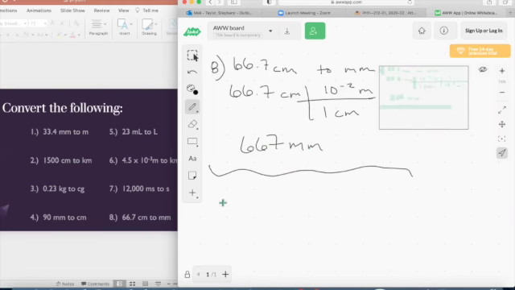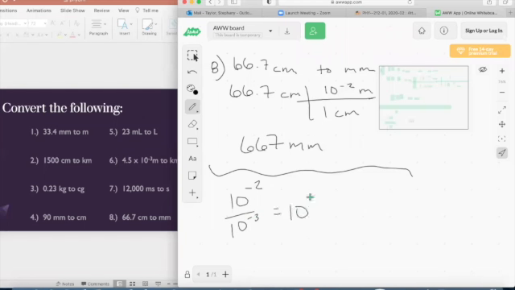So that was the longhand version. The shorthand version is that we had 10 to the minus 2 in the numerator, and 10 to the minus 3 in the denominator.